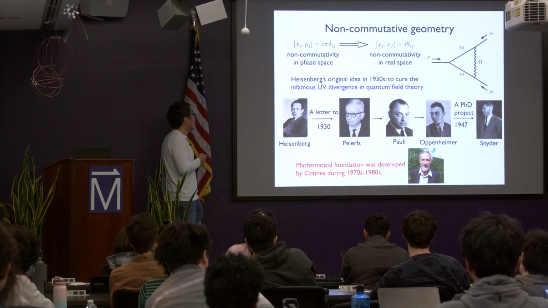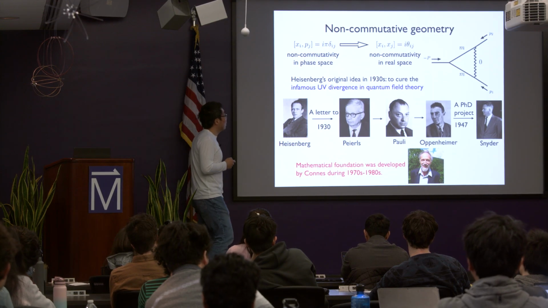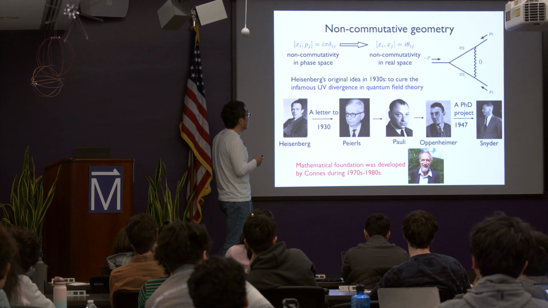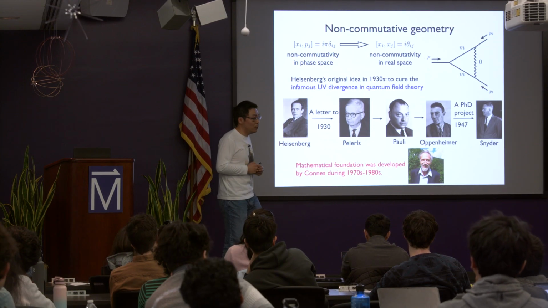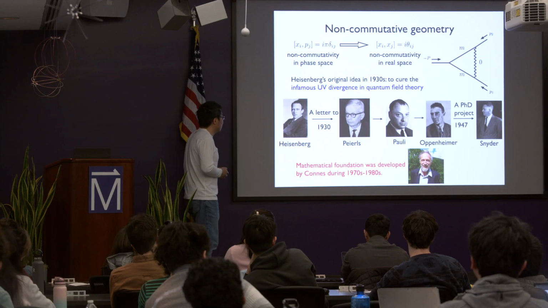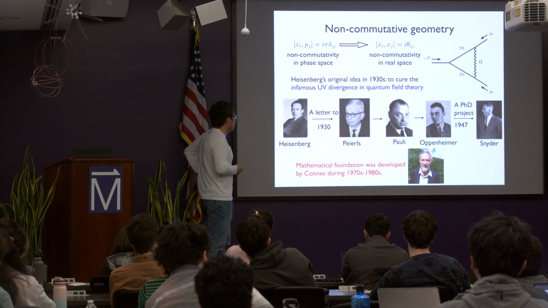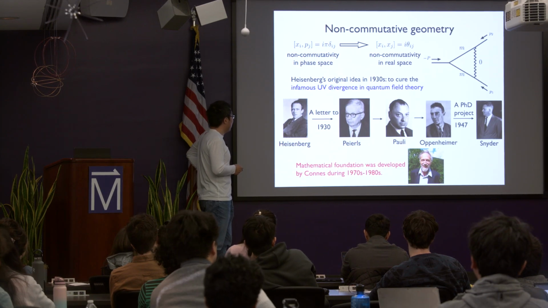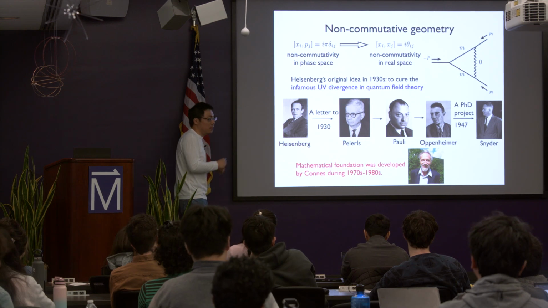It's really just like generalizing his uncertainty principle in quantum mechanics in phase space to an uncertainty principle, like non-commutativity, in real space, right? He didn't write a paper on this, but he wrote this idea in a letter to his former student Peierls. This is the Peierls instability.